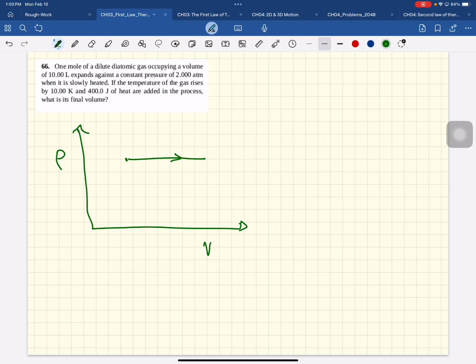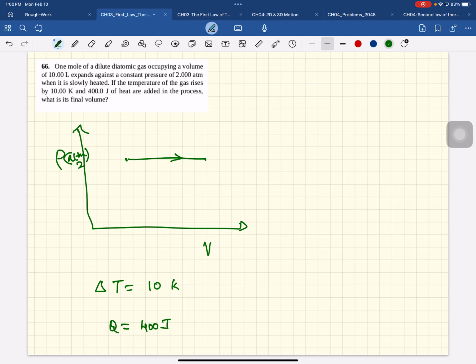At 2 atmospheres. If the temperature of the gas rises by 10 degrees Kelvin, so delta T is 10 Kelvin, and 400 joules of heat are added, what is the final volume?